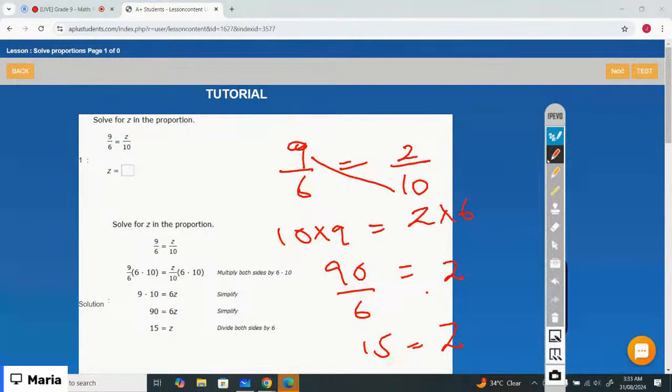So the correct option is 15. Okay, let's start with the test questions.